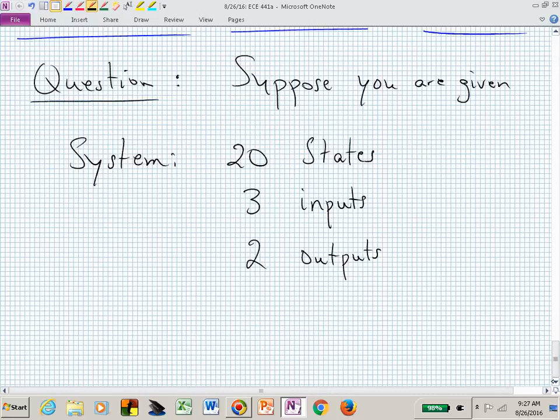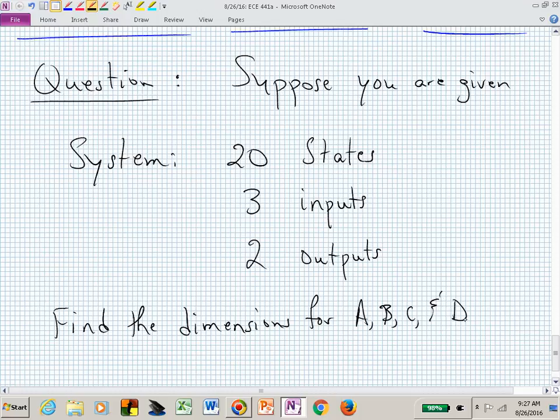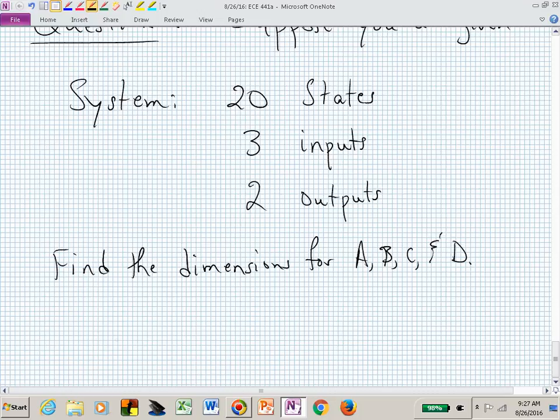Now, what I want you to do is find the dimensions for A, B, C, and D. And if it's not clear today, after this weekend, you should just be able to write this answer down in an instant.